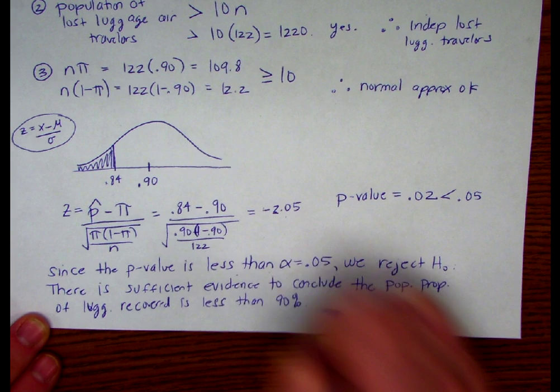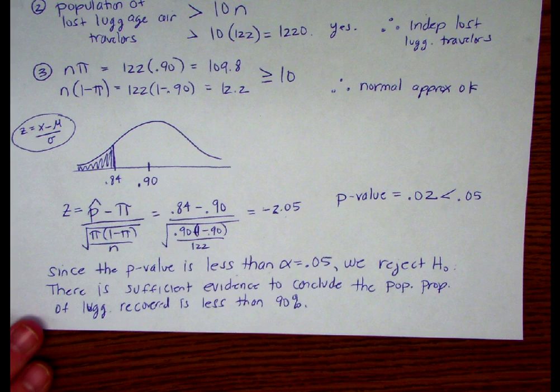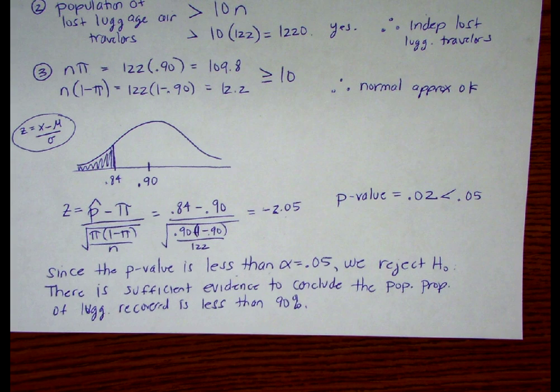Okay? The first sentence talks about the null hypothesis. Are you rejecting or failing to reject? The second sentence talks about what the alternative is saying.